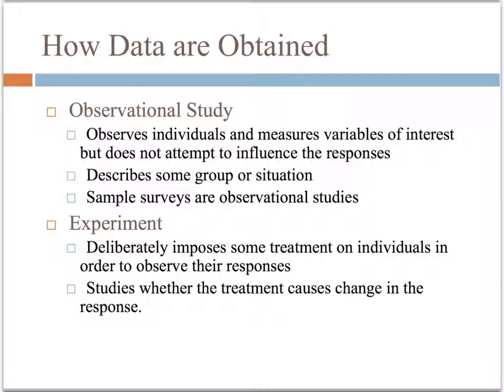The other way that we obtain data is through experiments, where we deliberately impose some treatment on individuals to try to gauge their responses and get data that way. And we study whether the treatment causes a change in the response.